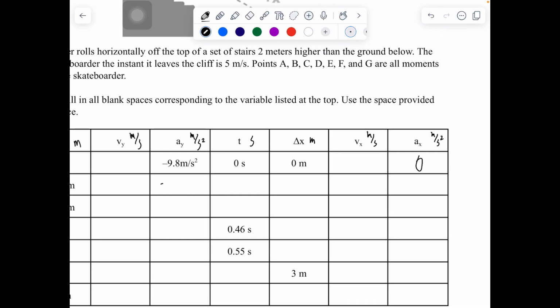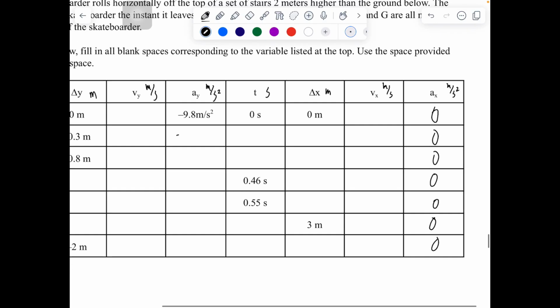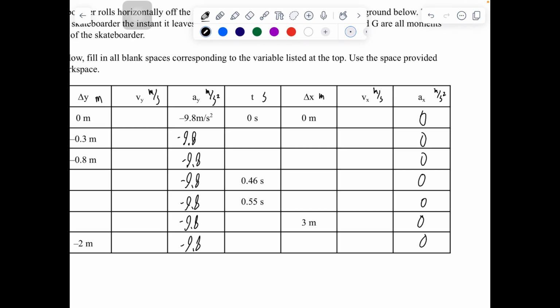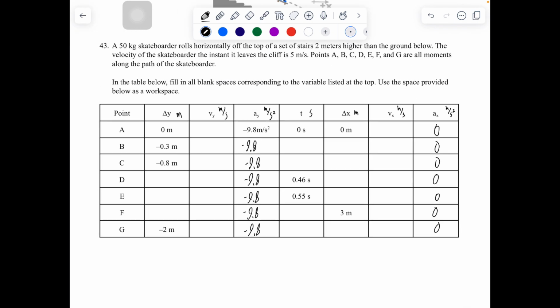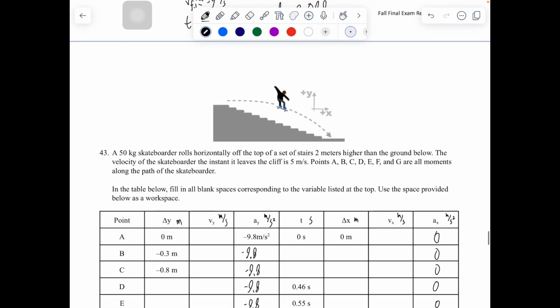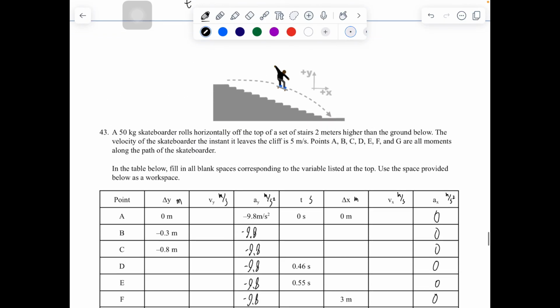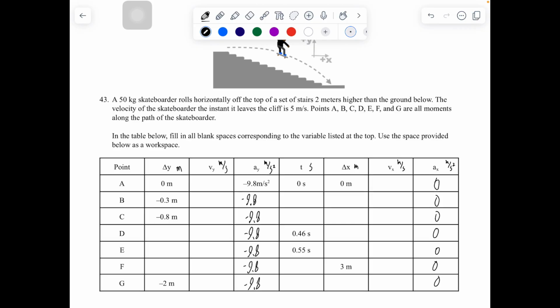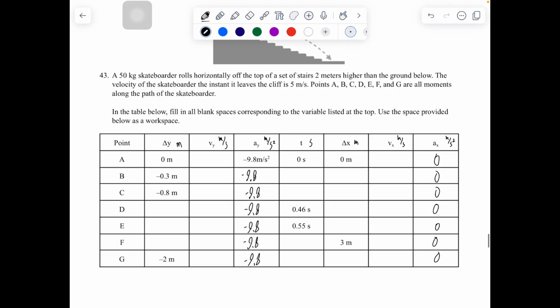Acceleration in the x is always 0. Acceleration in the y is always negative 9.8. There is a lot to solve for.